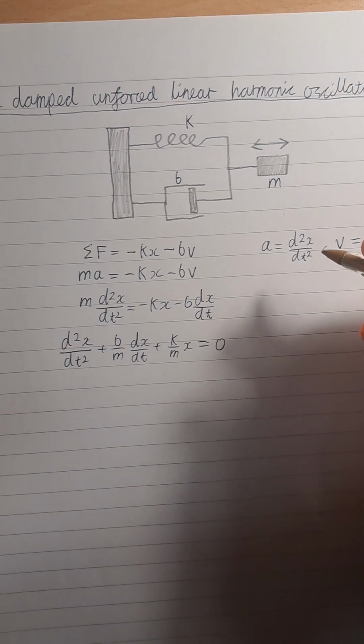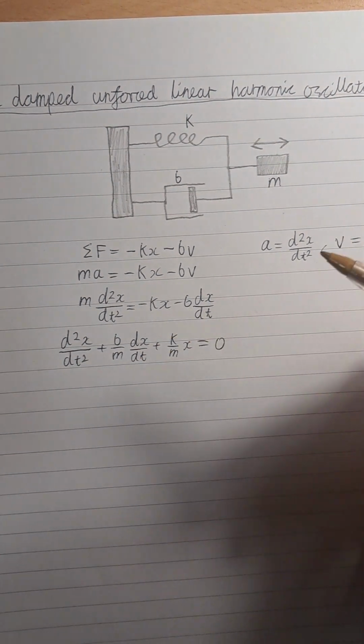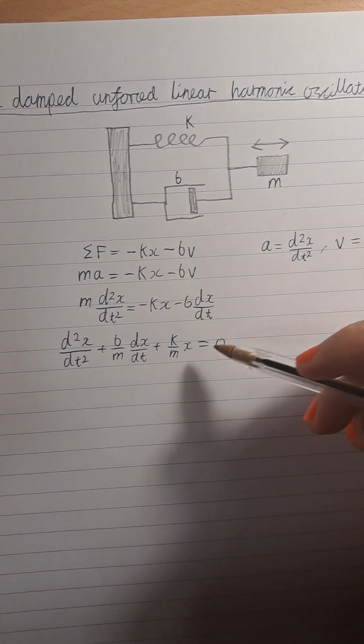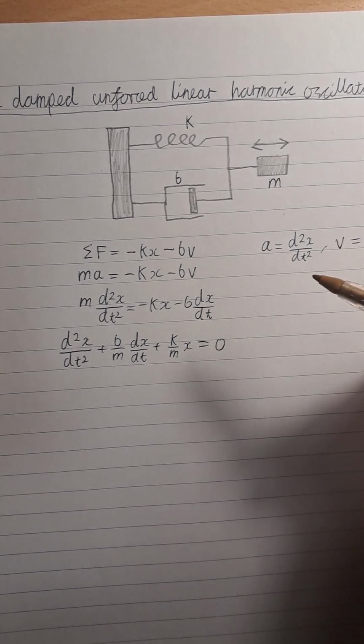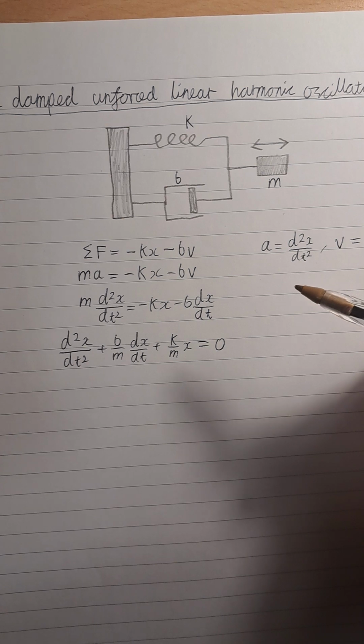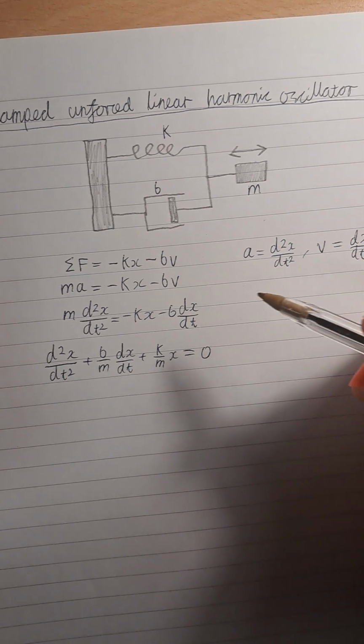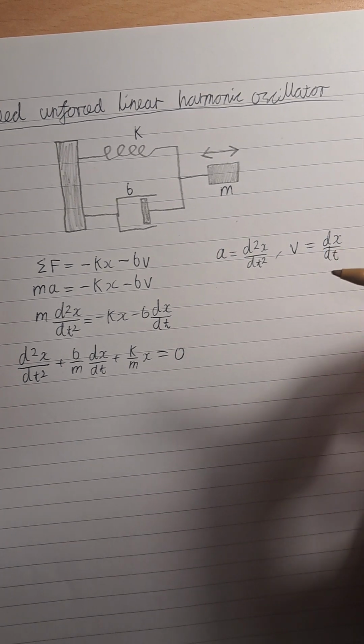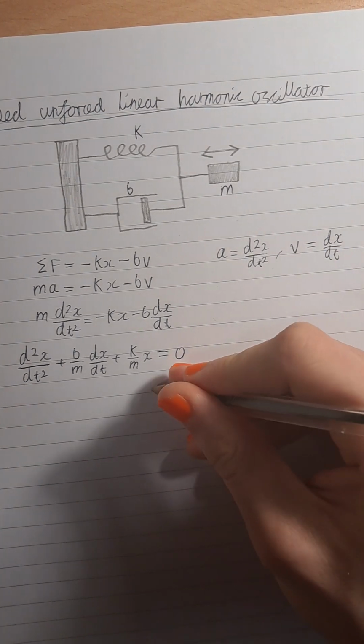Right then, so what we've got going on here is a second order differential equation. And fortunately, it's equal to 0, which is quite nice for us, which means it's homogeneous. So we can solve this relatively easily.